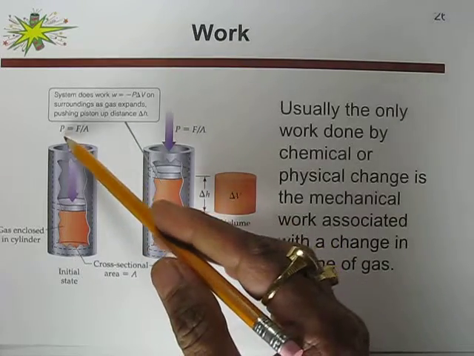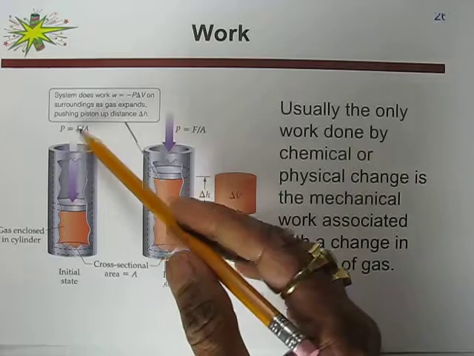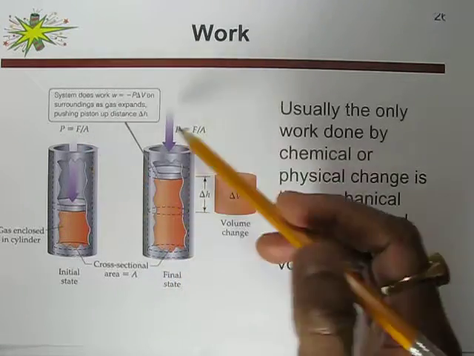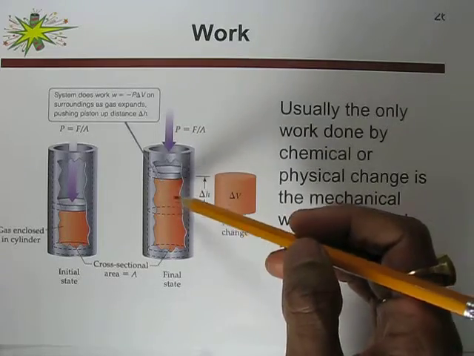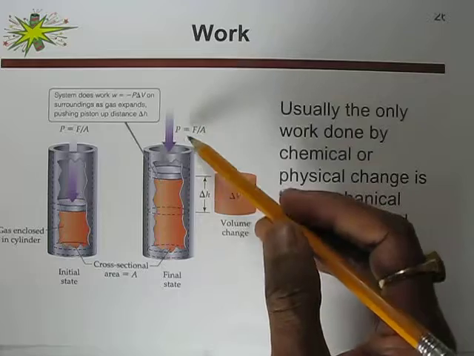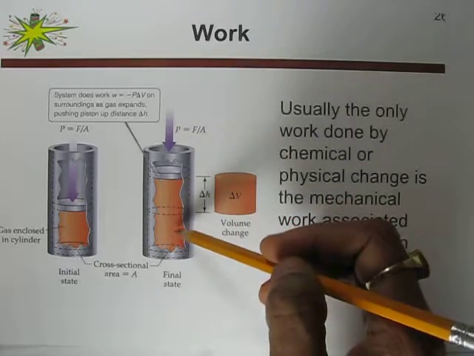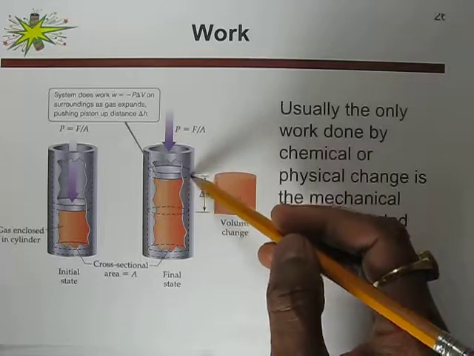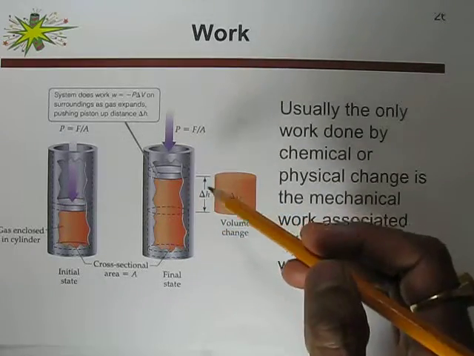Here P stands for pressure, which is equal to force per area, and when force was removed from the top, work was done by this gas and the piston goes from the initial state to a higher place.